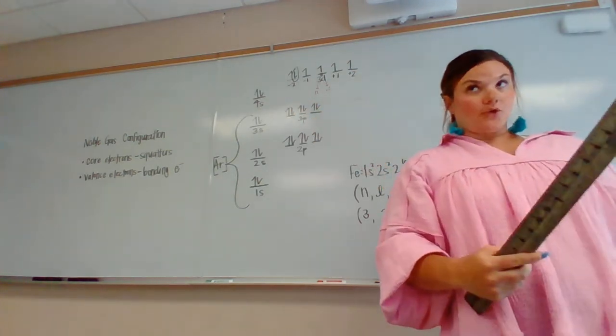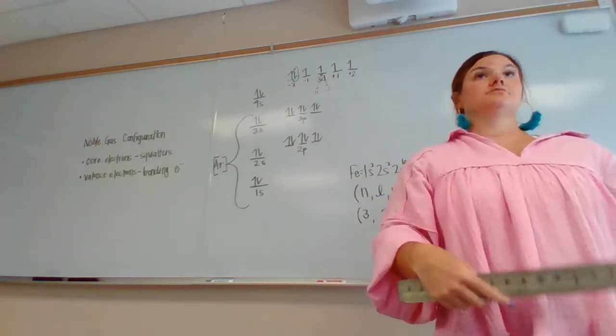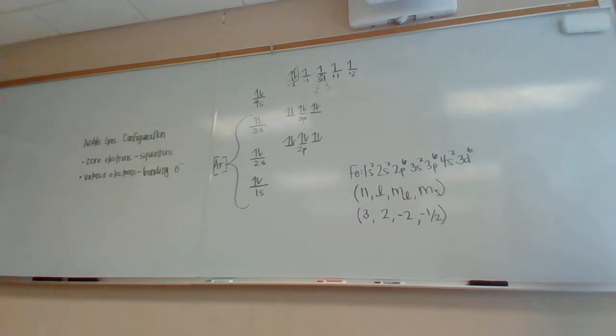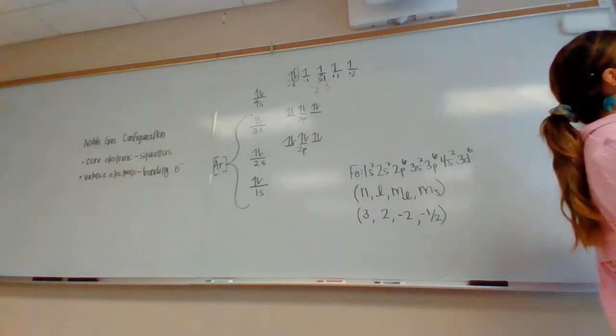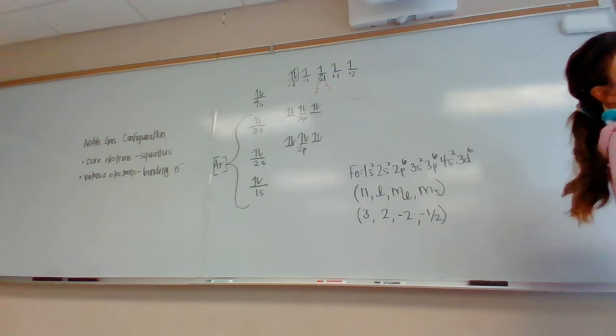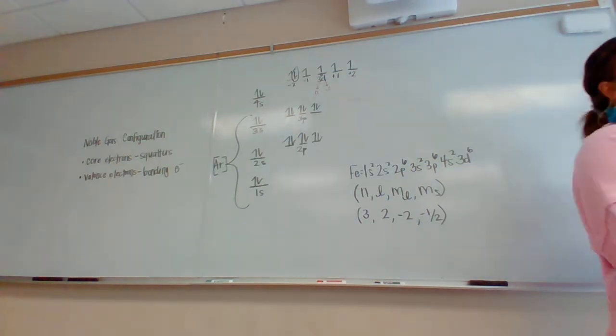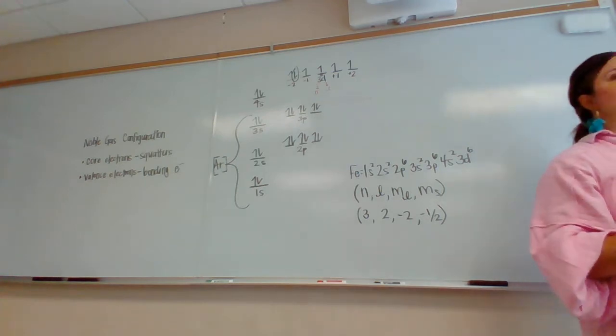And how do you find the noble gas? You're always going to use the preceding noble gas. So say I was going to do magnesium, I would use neon as my noble gas. Then I would start at the 3s orbital. Why would you use neon?